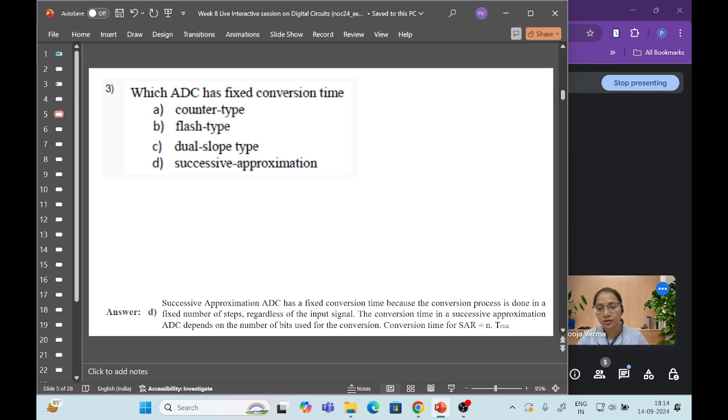Now, the next question: which ADC has a fixed conversion time? Option A is counter type, option B is flash type, option C is dual slope type, and option D is successive approximation type. Can you answer this question?